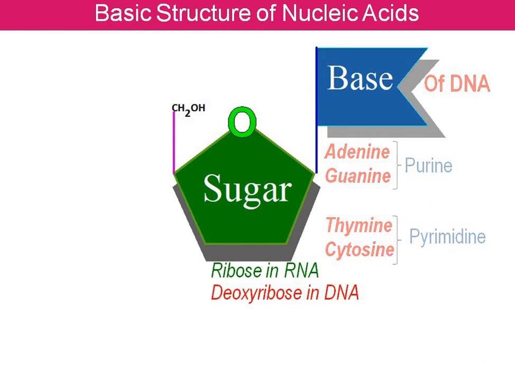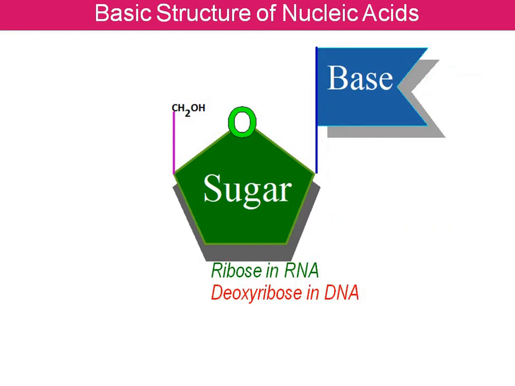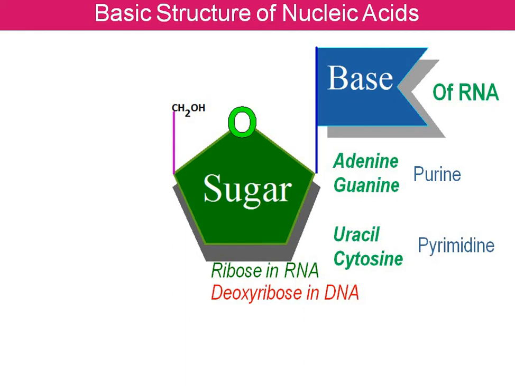The nitrogen bases of RNA are adenine and guanine, that is, the purines are same both in DNA and RNA, but one pyrimidine is different. That is, in DNA we have thymine. Here, in case of RNA, in place of thymine we have uracil, and the fourth nitrogen base, that is a pyrimidine, cytosine.